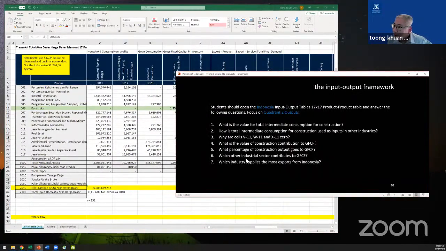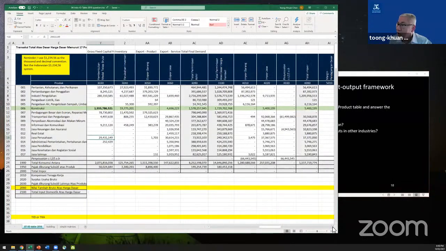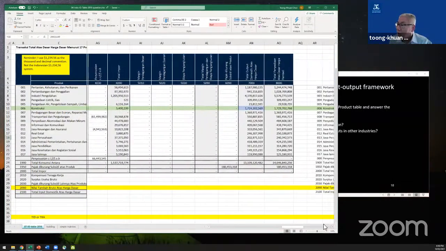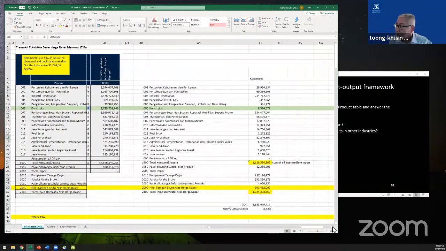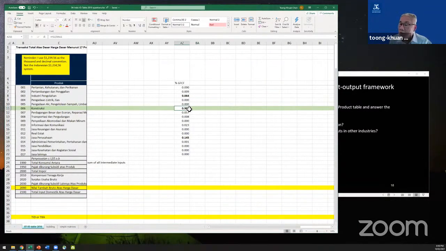Okay, what other industrial sectors contribute to GFCF? So we've already discussed that. It's manufacturing, and so this is industri pengolahan, this is construction, and that is business services.